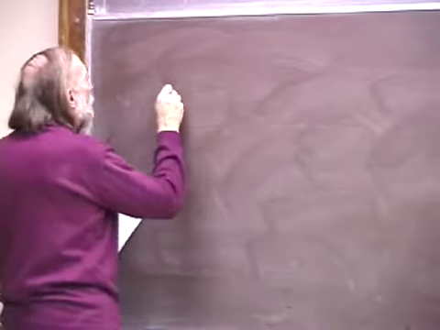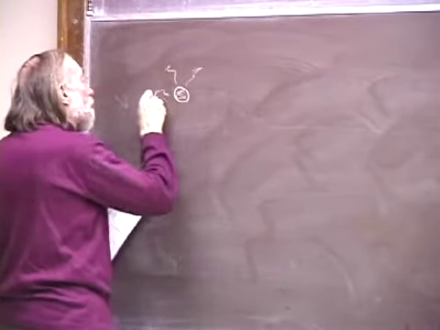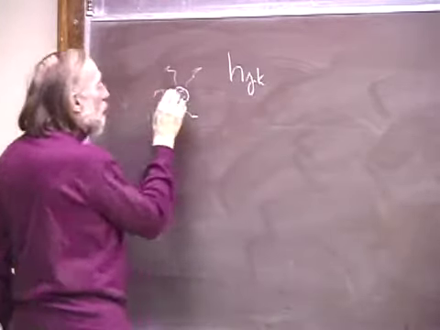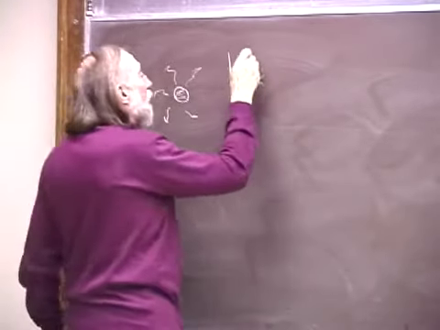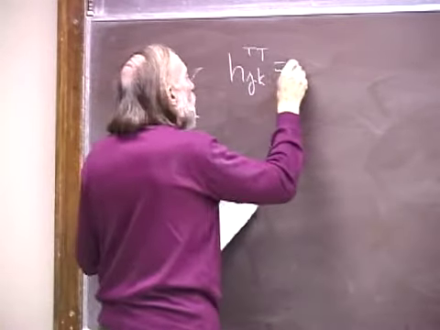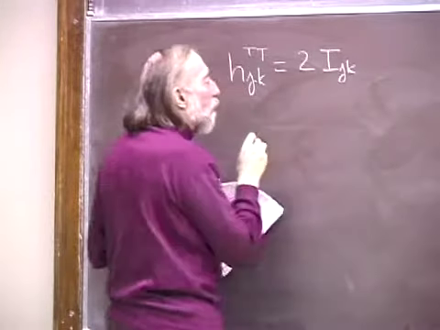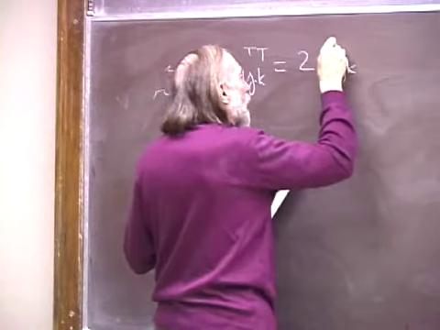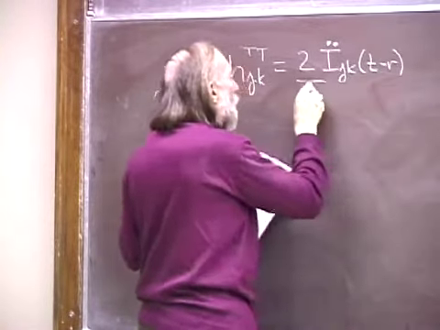Let's recall that if I have a single neutron star, it emits gravitational waves in a manner such that the emitted waves, the neutron star is oscillating. It's undergoing quadrupolar oscillations. And then the h_jk transverse traceless that's emitted is equal to 2 times the second moment of the mass distribution, or equally well the quadrupole moment, take its second time derivative and evaluate it at the retarded time and divide by r.